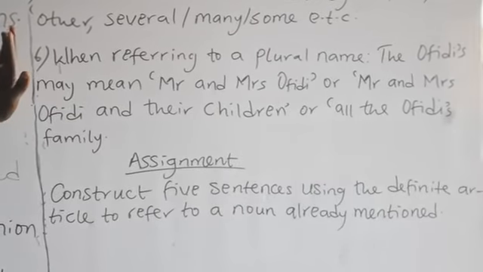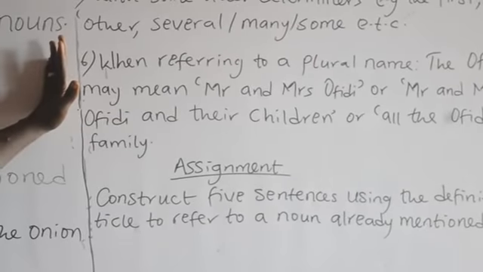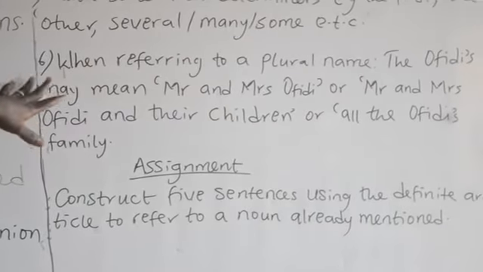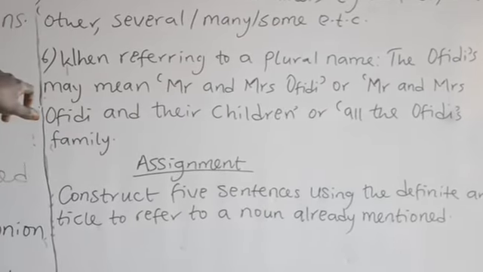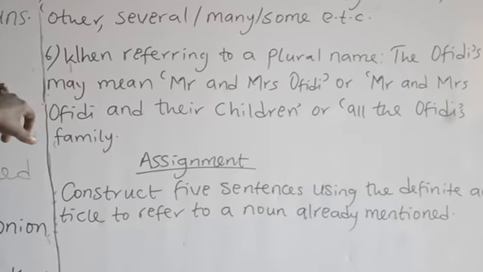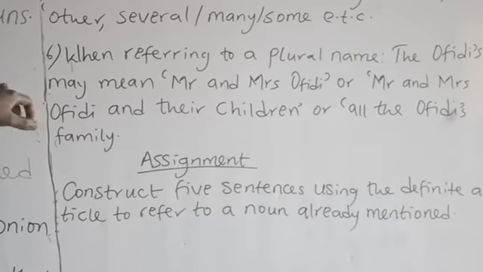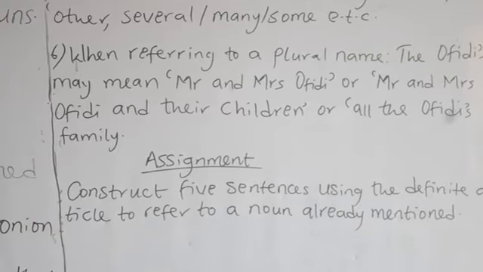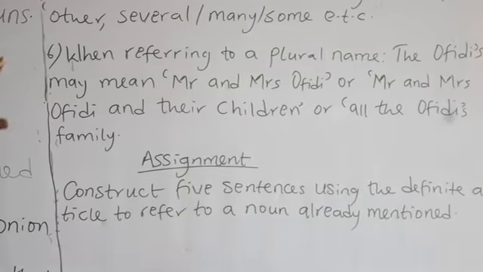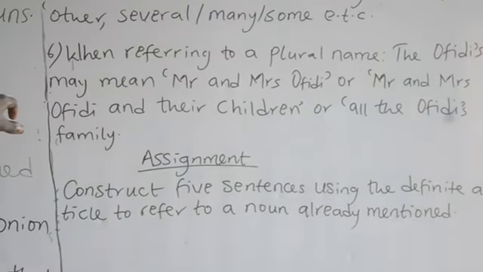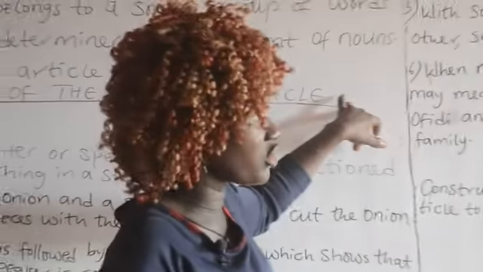And the last one here, use of the definite article. When you are referring to a plural name, for example, you say the Ophidis. The Ophidis here may mean Mr. and Mrs. Ophidi, or it may mean the entire family, or it may mean Mr. and Mrs. Ophidi and their children.